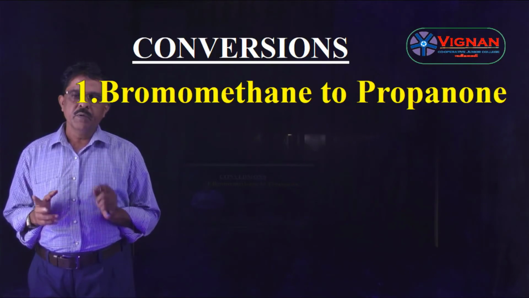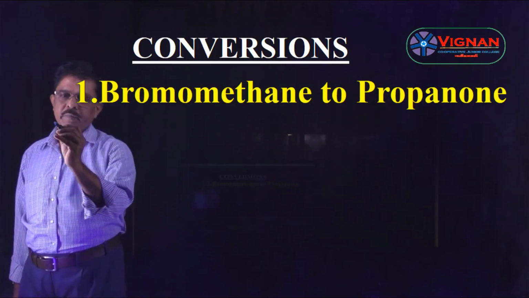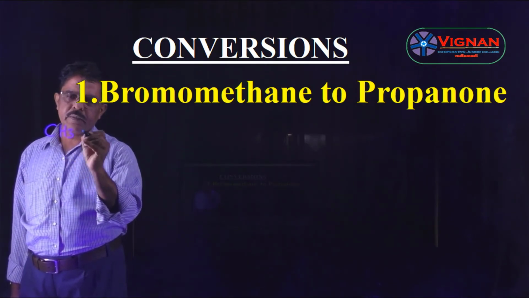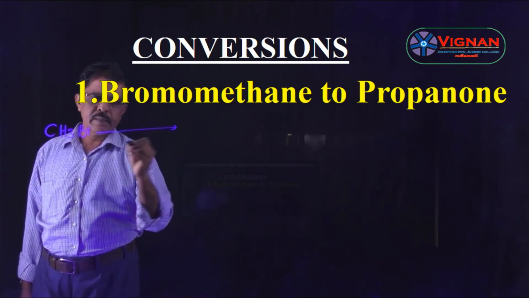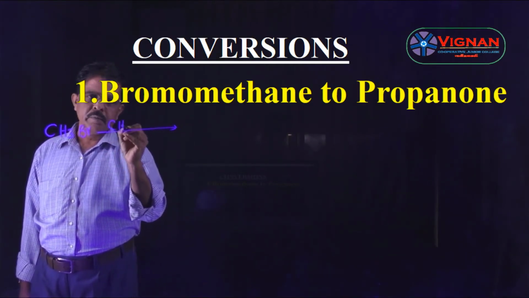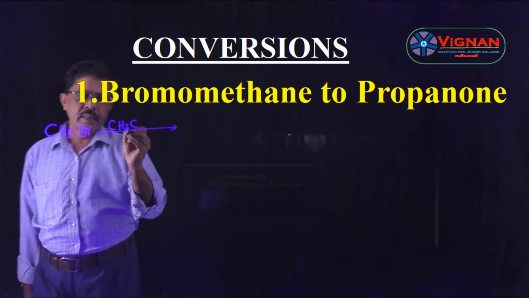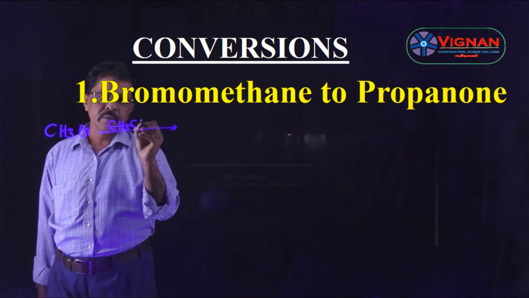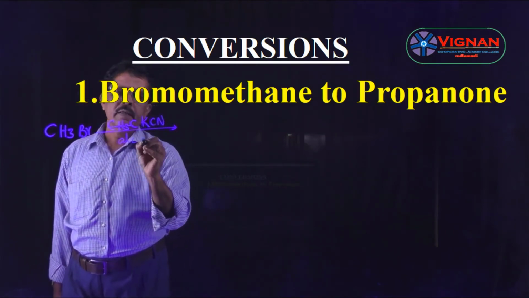Bromomethane to propanone. How are we going to convert it? First, the bromomethane formula is CH3Br. This CH3Br is treated with alcoholic KCN.